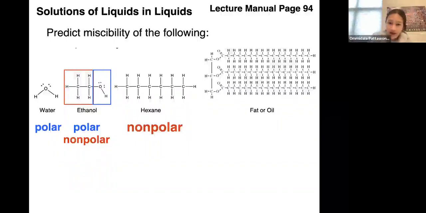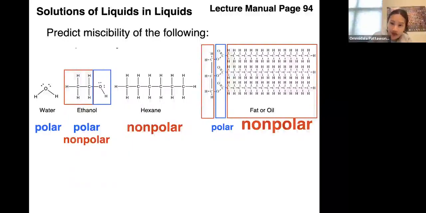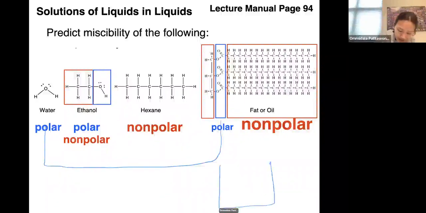And for fat and oil, if you look at this, we have the polar part and we have the majority of them would be non-polar part. What does it mean then? Well, as I mentioned earlier, miscibility is going to be continuous, but it's not like a clean cut. So in this case, if you think about when you add water to oil, even though they form separate layers, let's say you have water here and you have oil up here, know that some tiny bit of the molecules of oil around here do dissolve in water.